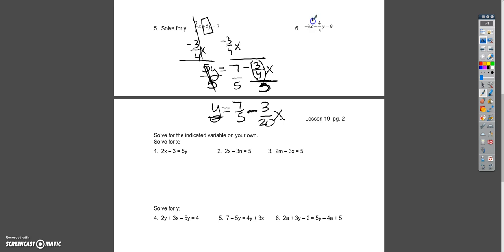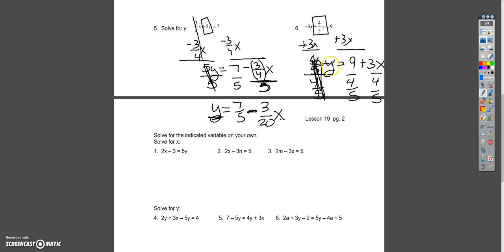Alright, here, get y by itself. So add 3x and add 3x. So 4/5y equals 9 plus 3x. Divide by 4/5. Don't be afraid. We have a calculator.